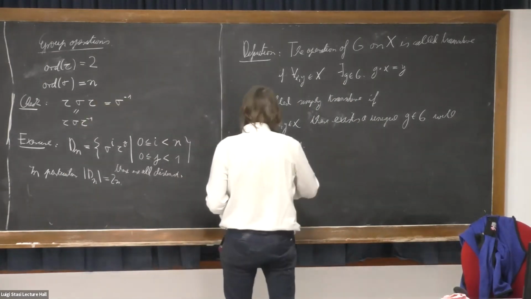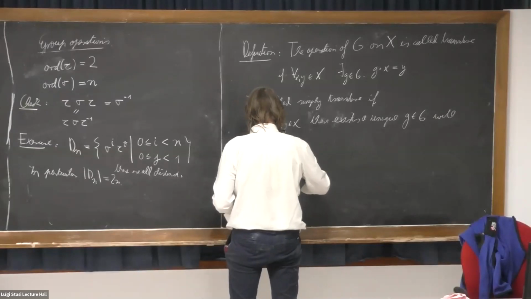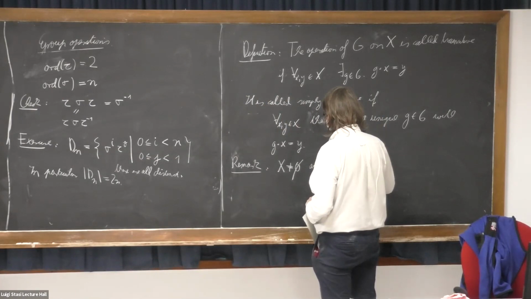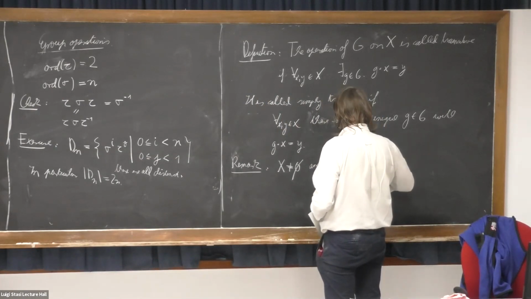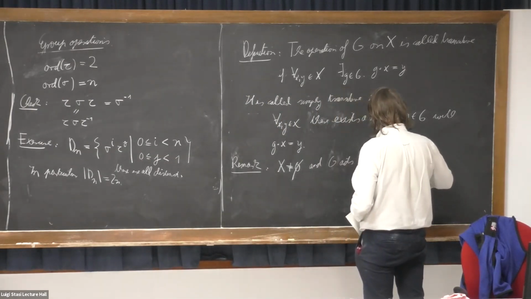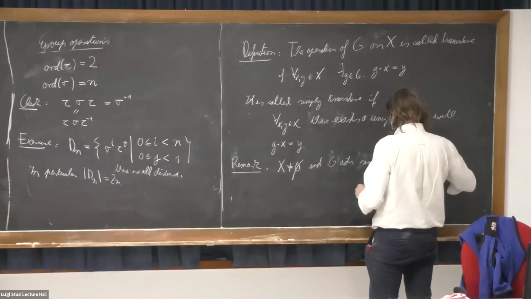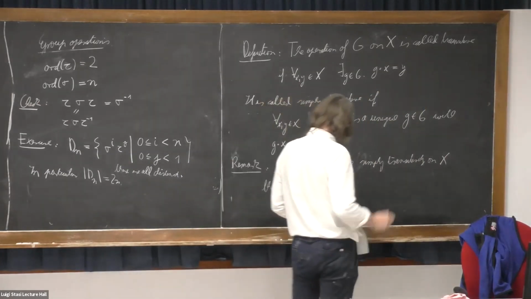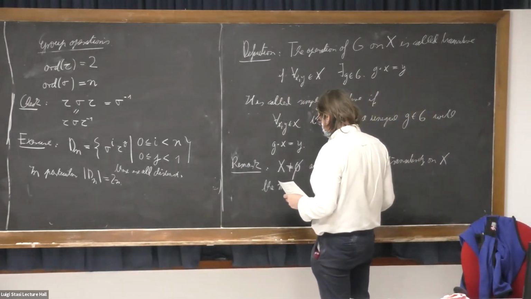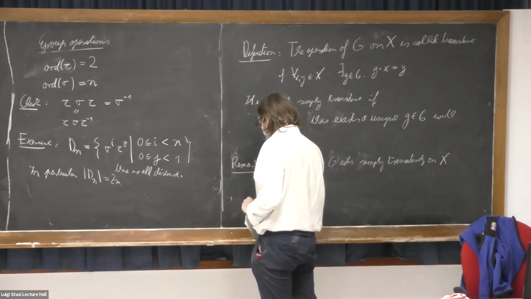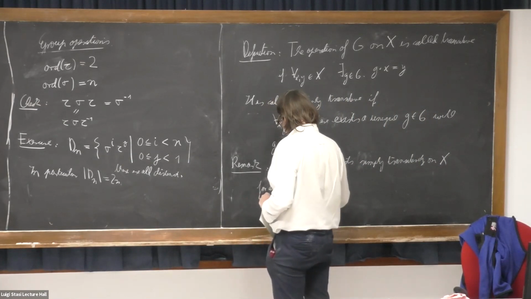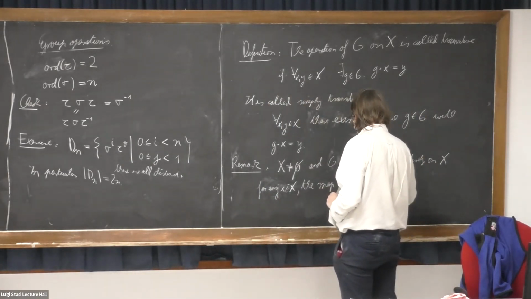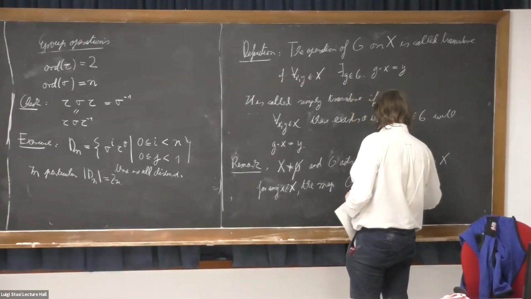If X is non-empty and G acts simply transitively on X, then we have that for any x in X, the map from G to X, which sends g to g times x, is a bijection.